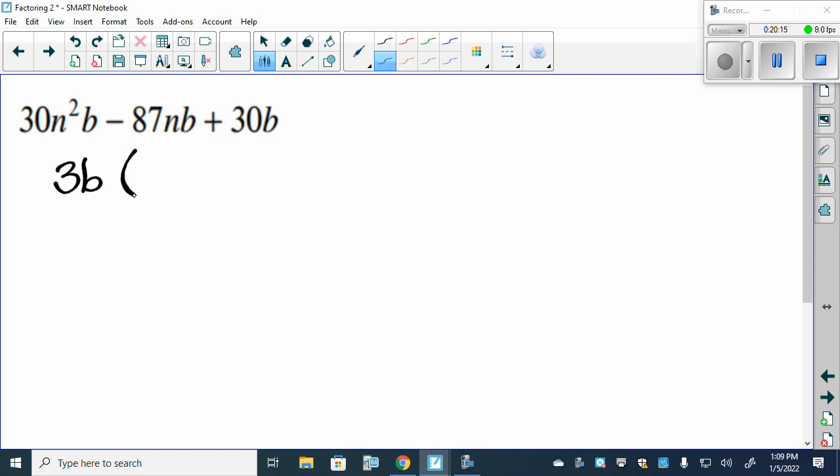Yeah, we skipped one. So we can go on and divide this out. 30 divided by 3 would be 10 n squared, minus 87 divided by 3 would be 29n, and the b would factor out completely, plus 30 divided by 3 is 10, and we factor out the b completely.